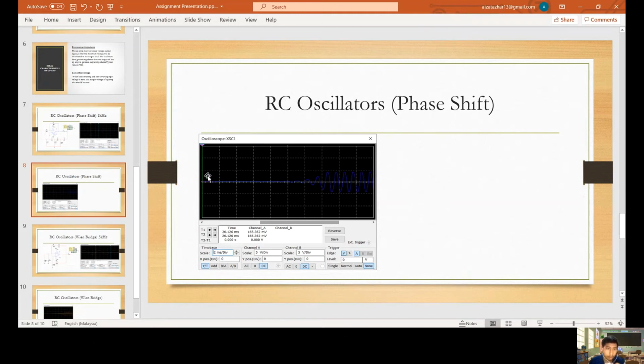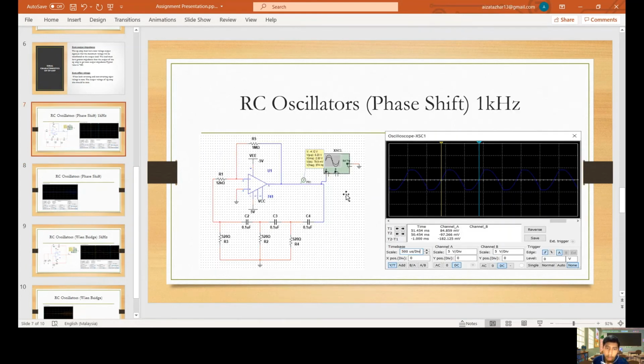From 0 volt it increases and achieves an amplitude of about 4.1 volt, as we use a DC source of 5 volt. So this is the result.